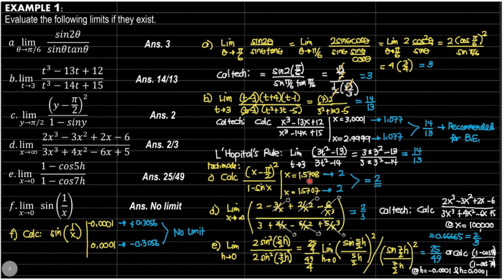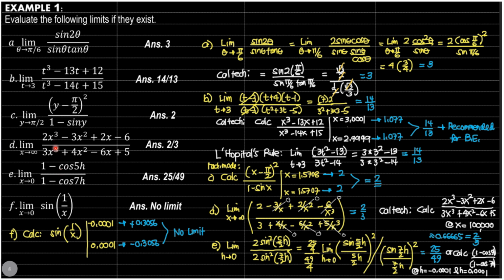So this is just above pi over 2, and this is just below pi over 2. When you use your calculator and evaluate this ratio, it will give us 2 for this value of x, and for this value of x also 2. So that's why the limit exists, and it is equal to 2.